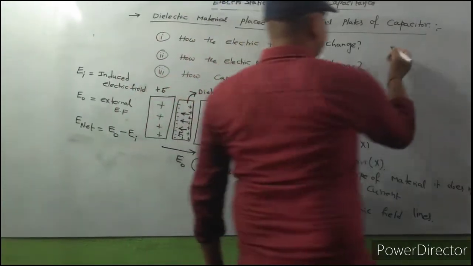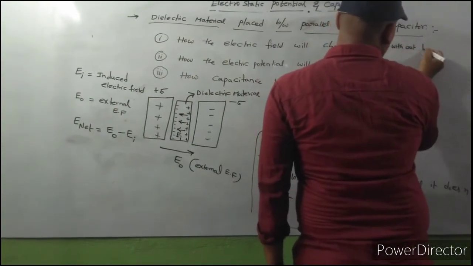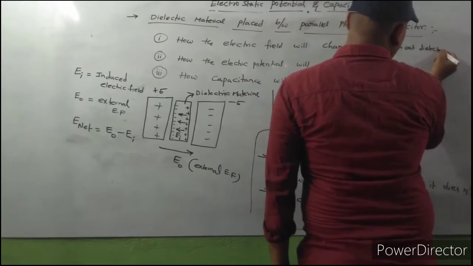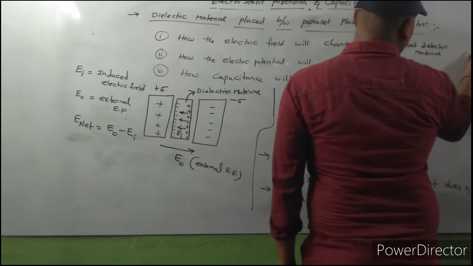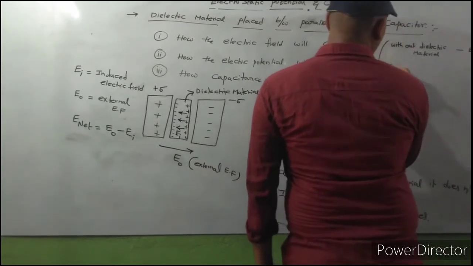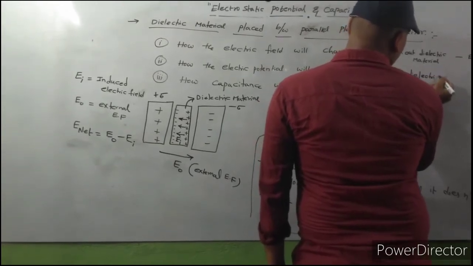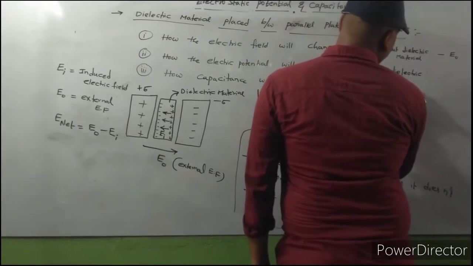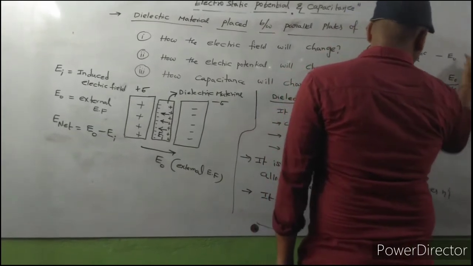Here I will write: without dielectric material, the electric field is some E0. With dielectric material, the electric field is reduced by K times.